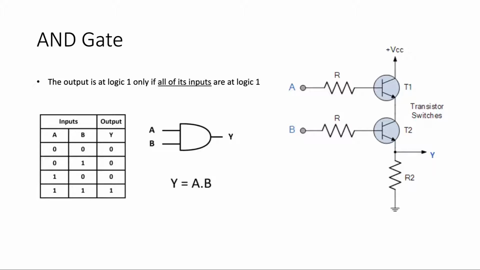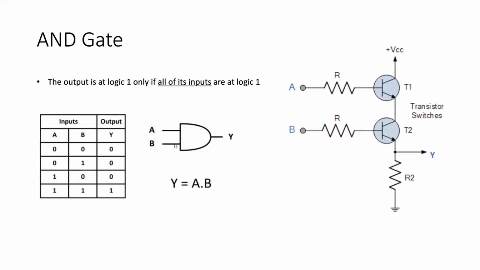It might seem difficult, but it's very simple. We use this kind of logic every day. For example, if I say I am giving a lecture and I am sitting, this expression only holds if both parts hold at the same time. It is a similar principle here. So the output holds if all its inputs hold or are at logic 1.